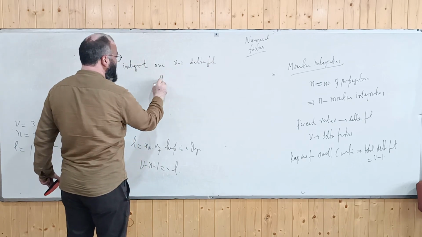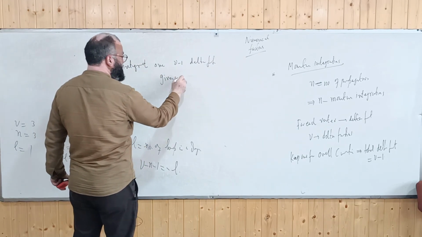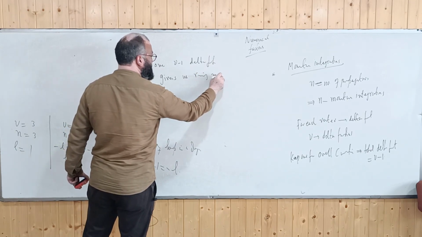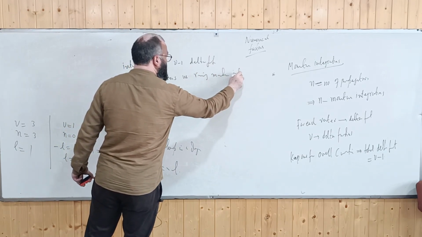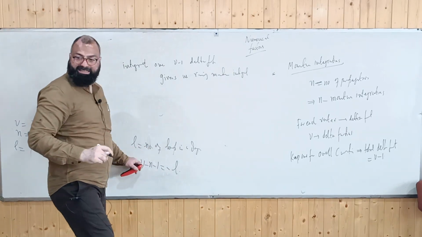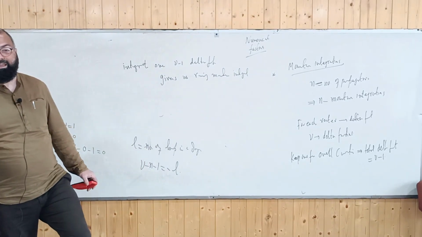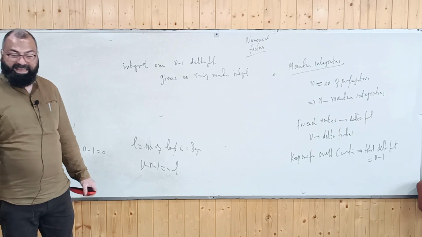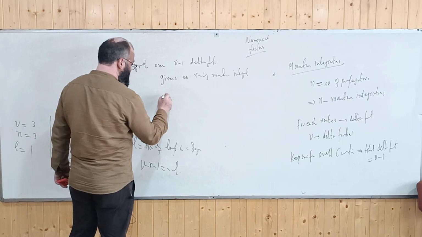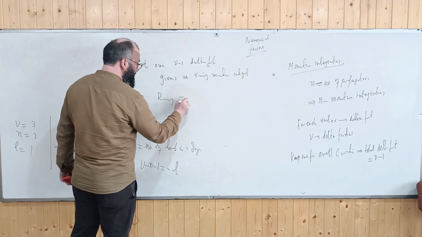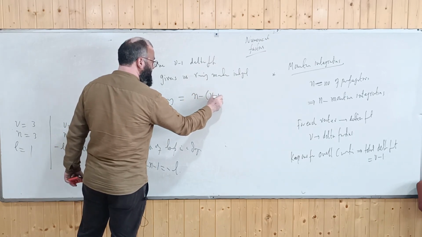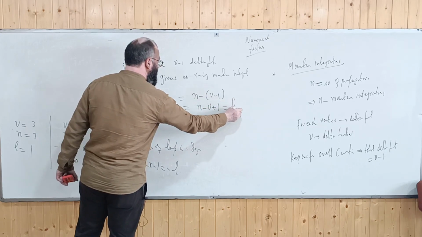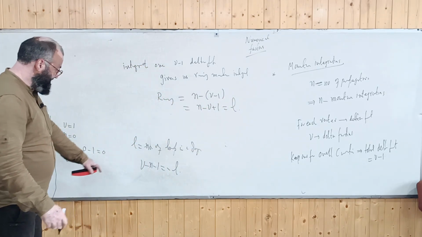Integrating over V minus 1 delta functions, how many momentum integrations remain? Once you integrate over V minus 1, the remaining are N minus (V minus 1), so that is N minus V plus 1.